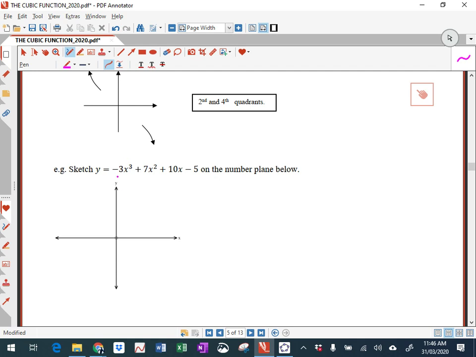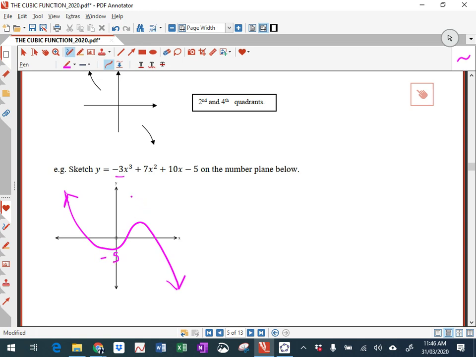So because the coefficient is negative, I'm starting in the second quadrant and finishing in the fourth quadrant. So if I was going to sketch this, and I've got to go through -5 on the y-axis, maybe it goes something like this. There's the arrow there. That worked out. And I'll call this -5.